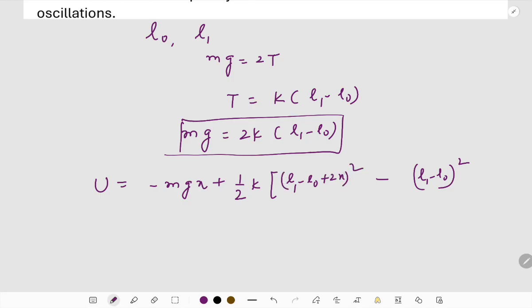So the spring's final potential energy is this, and the spring's initial potential energy is this.